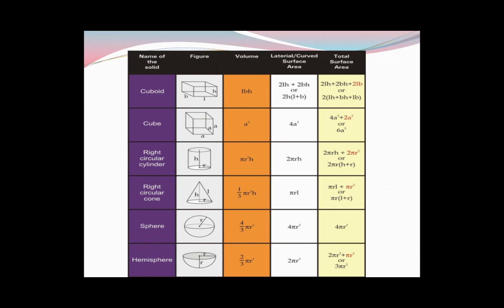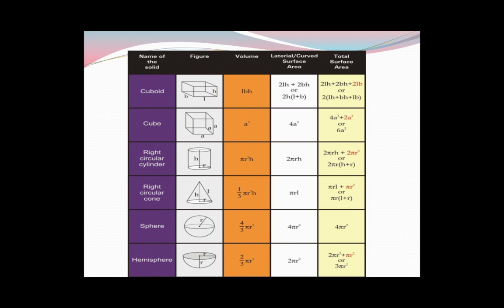For right circular cylinder, volume is pi r square h, curved surface area is 2 pi r h and total surface area is 2 pi r into (h plus r). Then next is right circular cone. For right circular cone, volume is 1 upon 3 into pi r square h.